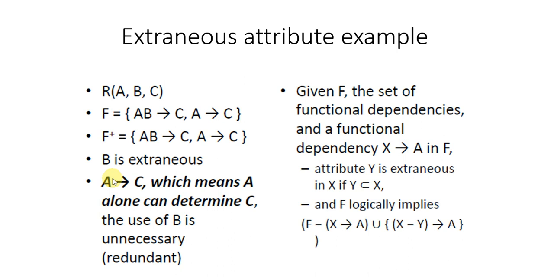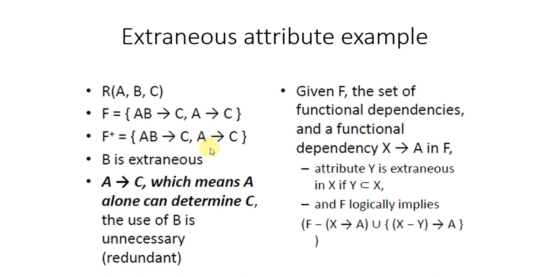So we are saying that we have AB to C, and we have A to C, and here B is extraneous, because even though we remove B from the set, it is not going to change the closure of the set of functional dependencies. So AB to C is nothing but A to C. A alone can determine C, so the use of B is unnecessary, or redundant.